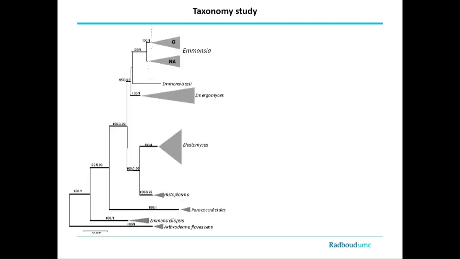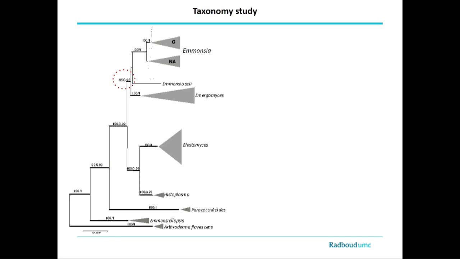So taken together, first, based on our combined gene analysis, we can see Emmonsia crescens and the single strain Emmonsia soriata and the genus Emergomyces are all involved in one monophyletic clade with strong bootstrap support.